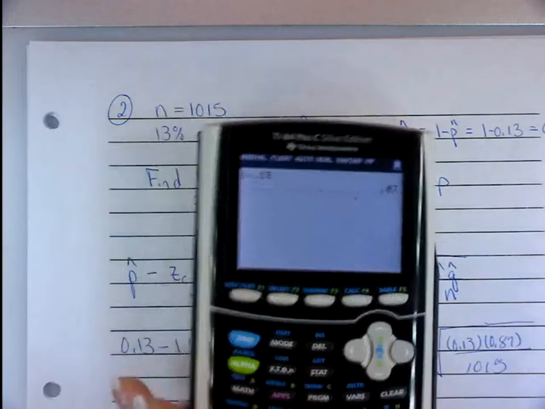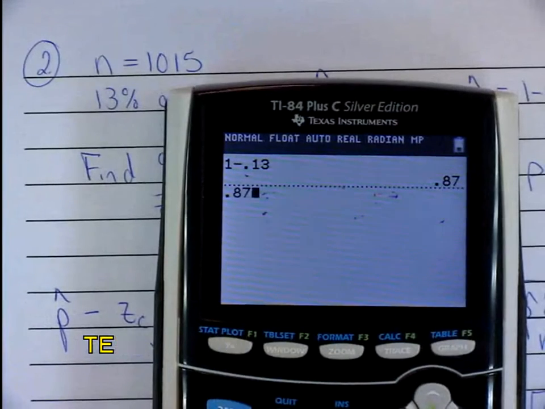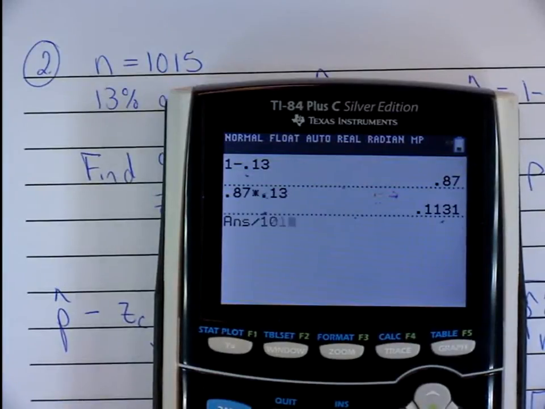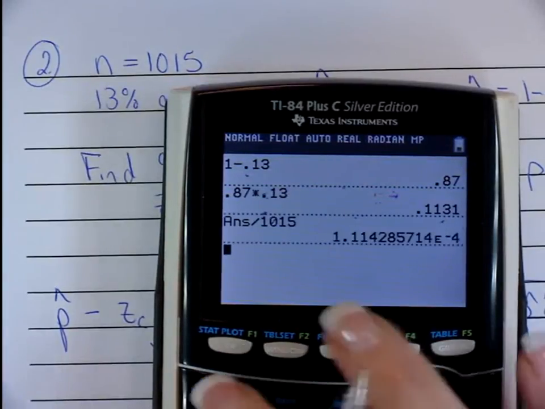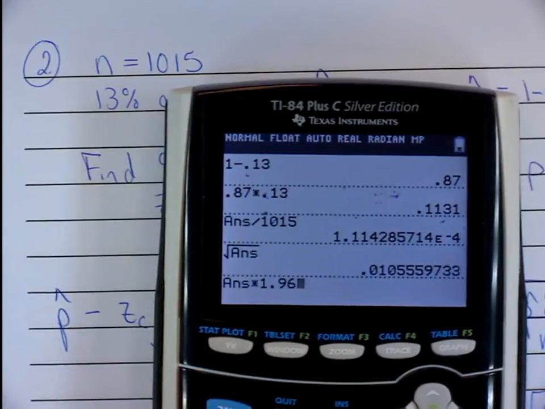In the calculator, I still like it this way. 0.87 times 0.13 divided by 1015. And I take the square root of the second answer. And then the last thing I multiply by is the critical value.